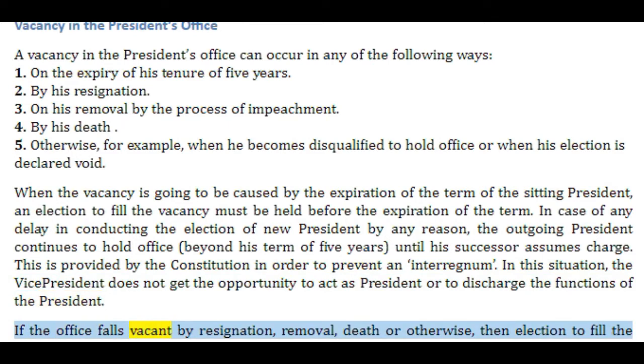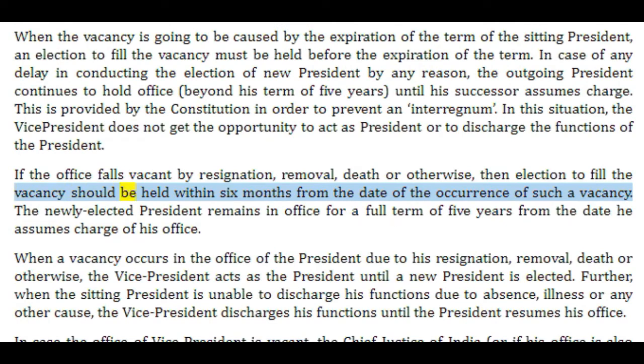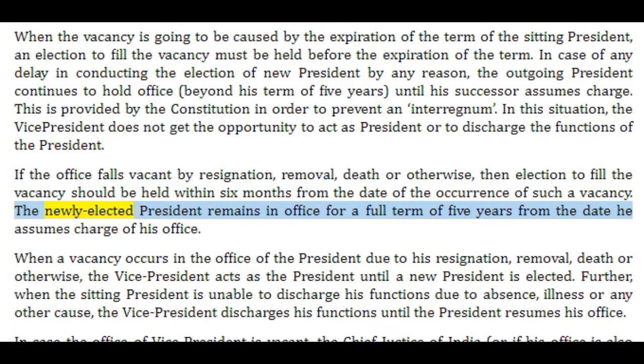If the office falls vacant by resignation, removal, death or otherwise, then election to fill the vacancy should be held within 6 months from the date of the occurrence of such a vacancy. The newly elected President remains in office for a full term of 5 years from the date he assumes charge of his office.